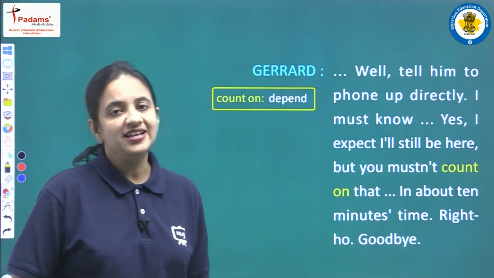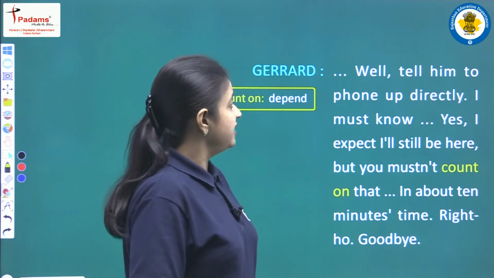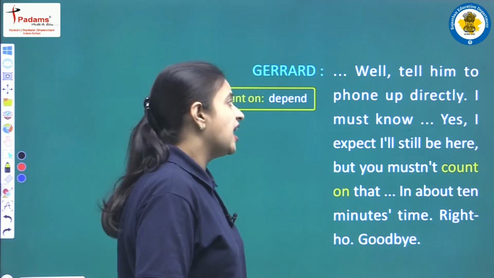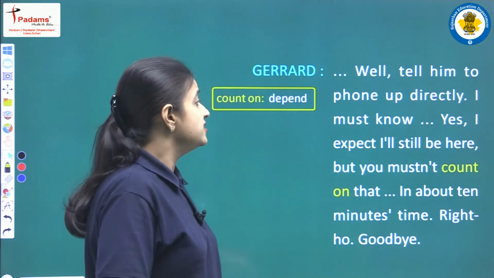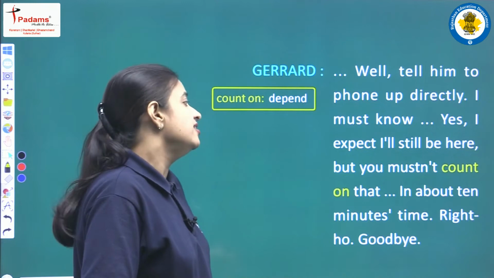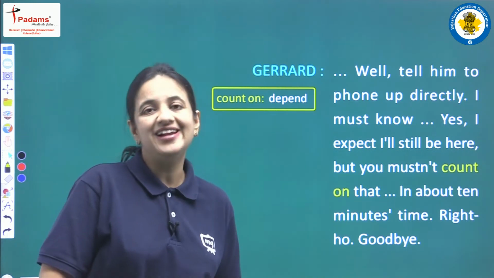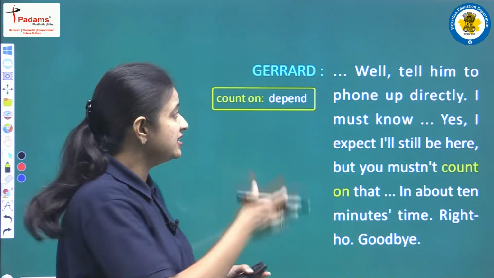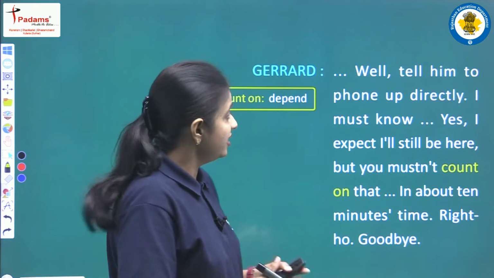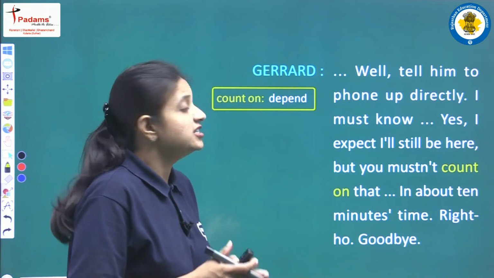Now Gerald is making one phone call, so he is speaking. Let's read. Well, tell him to phone up directly. I must know. Yes, I expect I will still be here, but you must not count on that. In about 10 minutes time, right ho, goodbye. So Gerald is speaking with someone and he is saying, well, tell him to phone up directly, I must know.